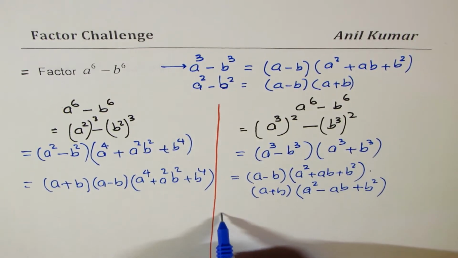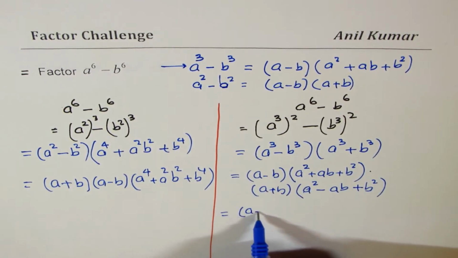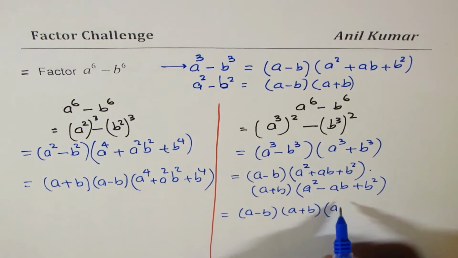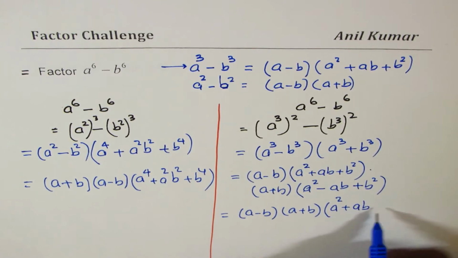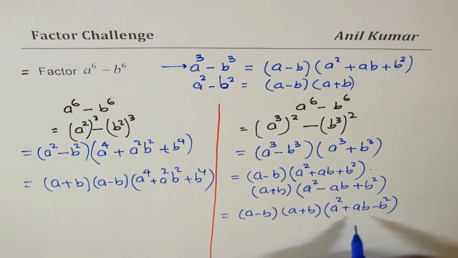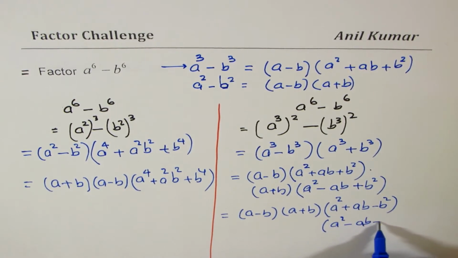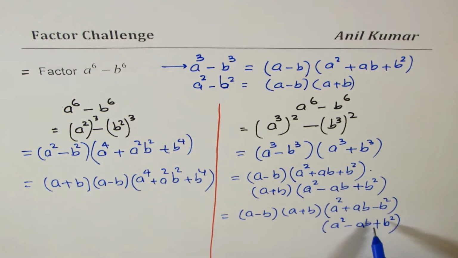So we get that form now. So that is to say a minus b times a plus b times a square plus ab plus b square times a square minus ab plus b square. You get an idea, right?